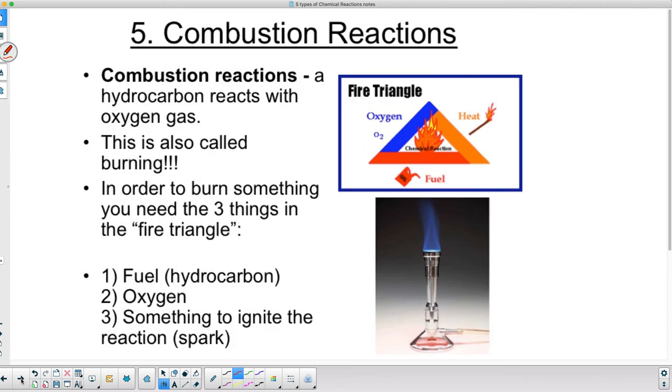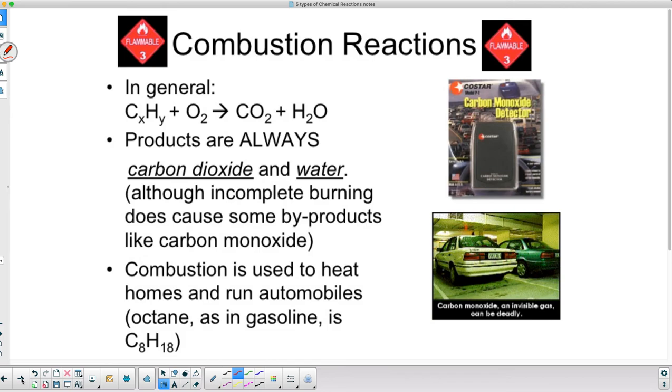Now let's talk about the combustion reactions. Combustion reactions are super easy, and here's why. I'm not even going to talk about the fuel, the oxygen, and something to ignite, because what I want you to see is exactly this. You have a CH compound plus O2 yields CO2 and H2O.